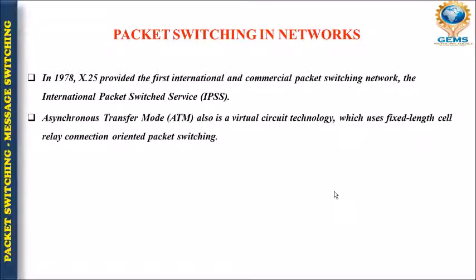What do you mean by ATM? ATM is asynchronous transfer mode, right? It is not automated teller machine. It also follows virtual circuit technology, which uses fixed length cell relay connection oriented packet switching, right?